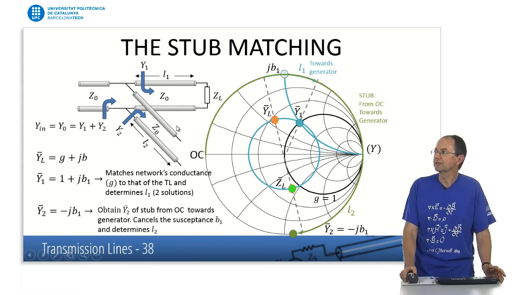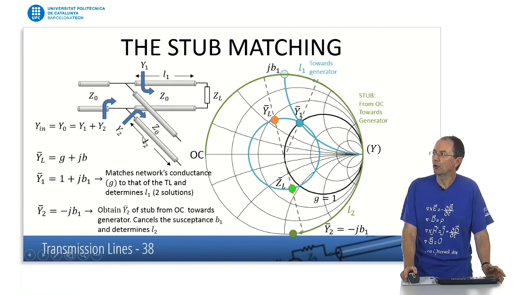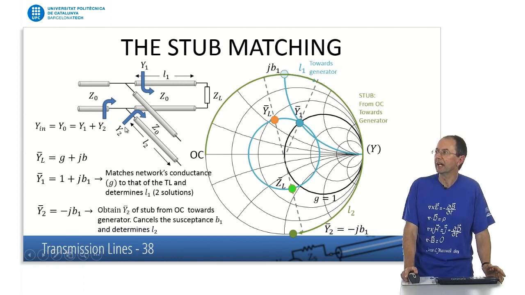So we are going to use now the stub, this transmission line which is open circuit at the end. We have to make this transmission line the correct length in order to provide an input impedance that just cancels the imaginary part we have in the previous situation. How are we going to do that? Well, we know the value. This is the imaginary value the stub has to offer at the input.